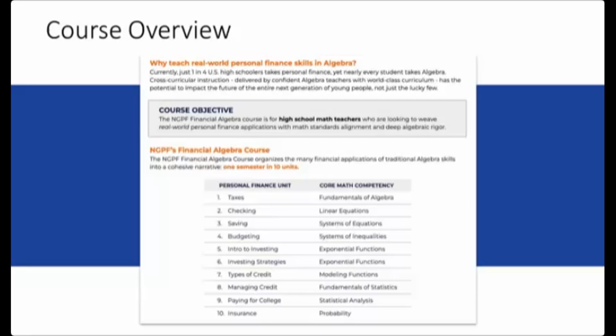Each unit combines one personal finance topic and one math concept. So for example, taxes and fundamentals of algebra, which is kind of pre-algebra skills like percents, writing a function, decimals, things like that, or up to like budgeting and systems of inequalities. So you can see they pair one math, one personal finance skill.